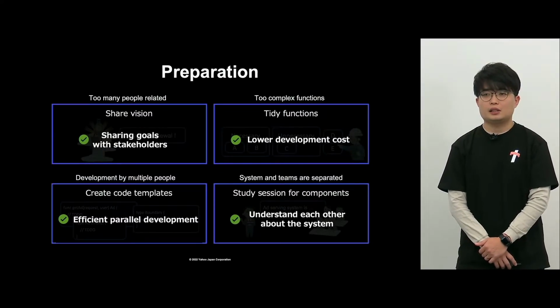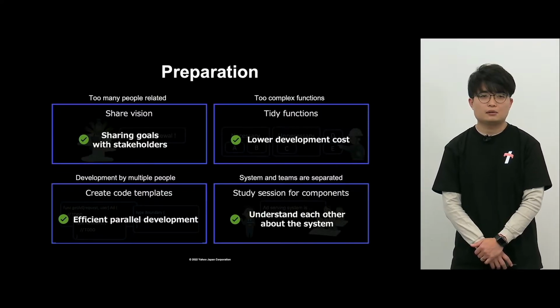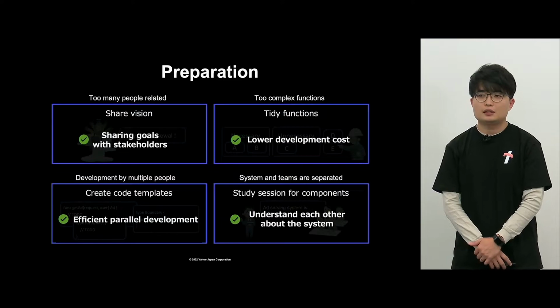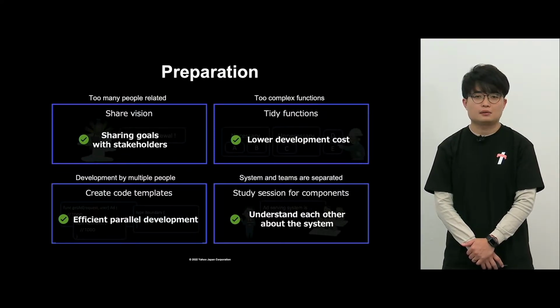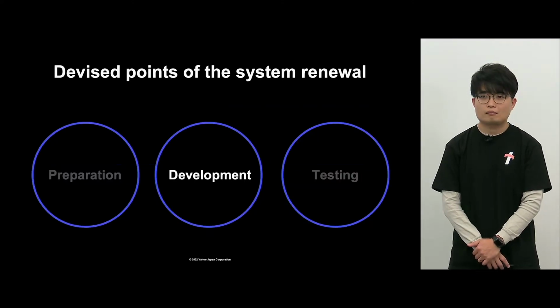Number 3, if multiple people are going to work on the development, initially we should create a template of the code with a few people so that we can do the development in a parallel manner. And number 4, initially the team members were separated. However, by teaching each other about the systems, we were able to have a good understanding of the respective systems.